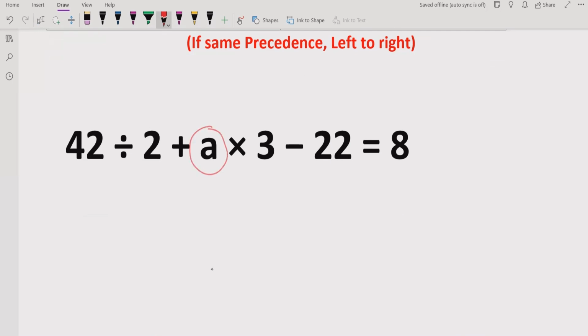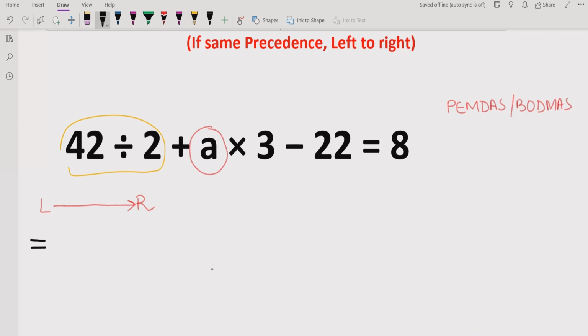So now we will go first left to right, and after that we see which operation comes first as per the PEMDAS or BODMAS rule. As per the rule, 42 divided by 2 is coming first, so we will solve this one first.